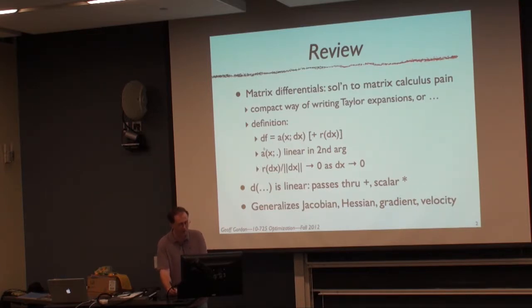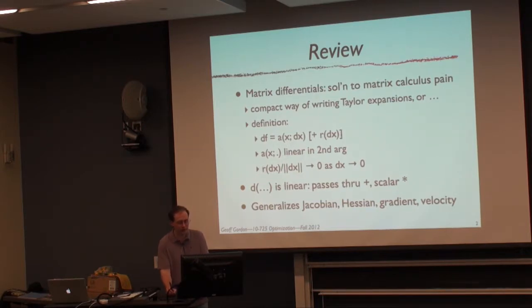So if you can write the change in f, represented by df, as some function a of x, the current point, and dx, the change, plus some residual, which people usually leave implicit. And if this function a happens to be linear in its second argument, right? So a of x comma 3dx is 3a of x dx.